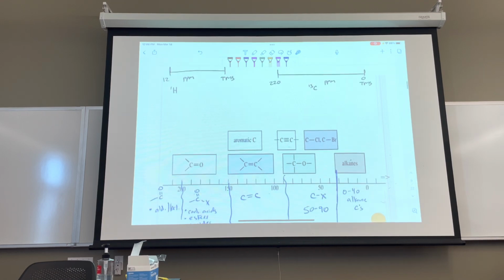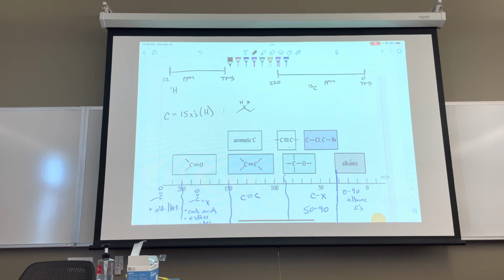So as a general rule, you can approximate where carbons are going to be based on where their corresponding protons appear. As a general rule of thumb, a carbon will be about 15 times where its corresponding proton appears. So for instance, let's do a couple of examples. Let's say we had something like butane.